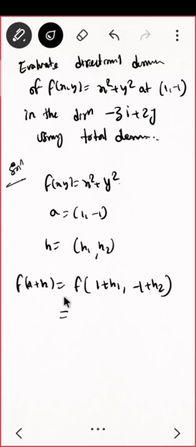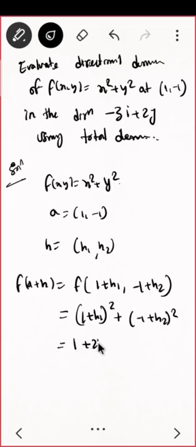You'll see. So what is f of a plus h? It will be 1 plus h1 the whole square, and this will be minus 1 plus h2 the whole square, correct? So what is that? It will be 1 plus 2h1 plus h1 square, and here it is again 1 plus, it will be minus, no?